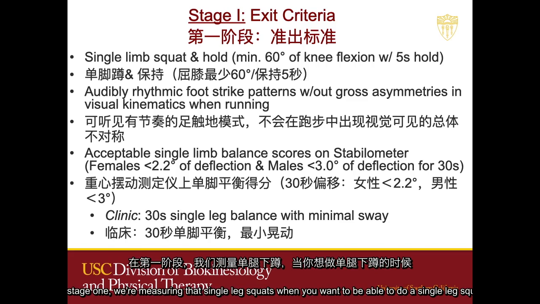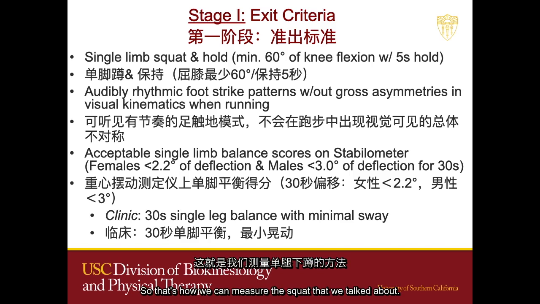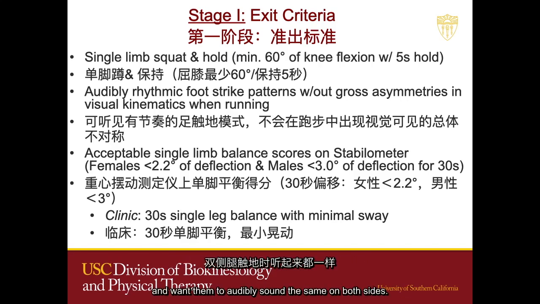So how can we measure all of these? In stage 1, we're measuring that single leg squat. We want them to be able to do a single leg squat and hold with at least 60 degrees of knee flexion for more than 5 seconds. That's how we can measure the squat that we talked about. We also want them, when we're listening to them run on a treadmill, to audibly sound the same on both sides.